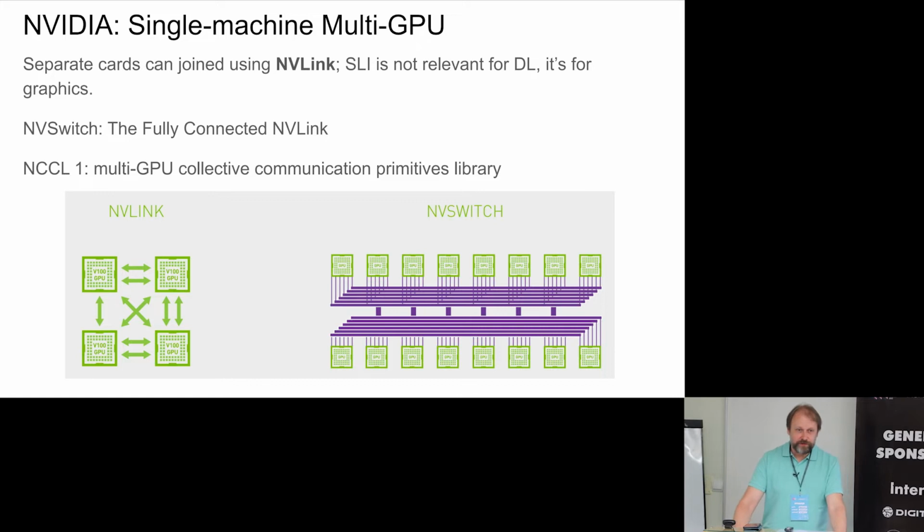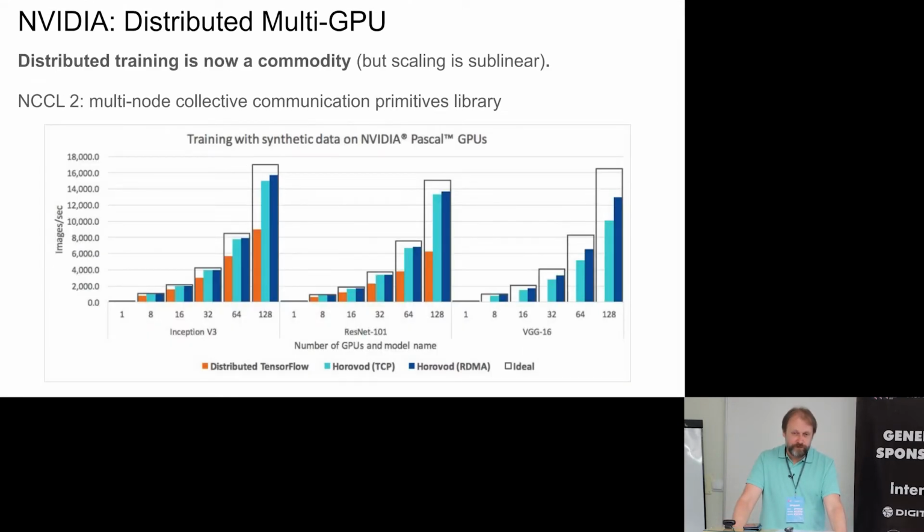Single GPU systems have not been the only choice for a long time. You have many multi-GPU systems, and you have distributed learning. It's already been a commodity for several years. There are many different frameworks for distributed learning. The only problem is that distributed training is still sublinear. You invest some money in your hardware, but your benefits are below the linear trend.